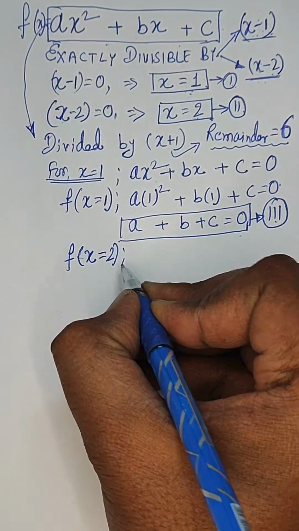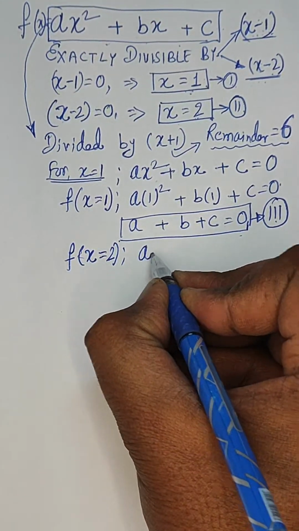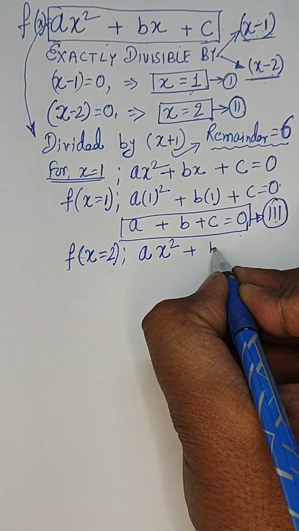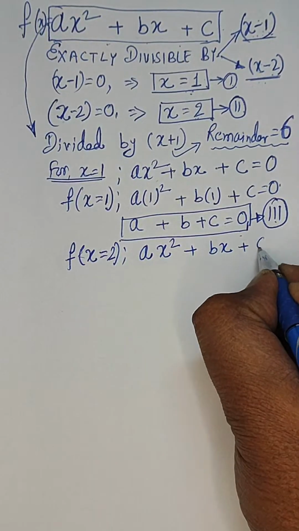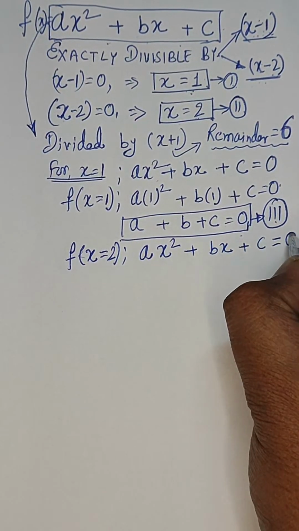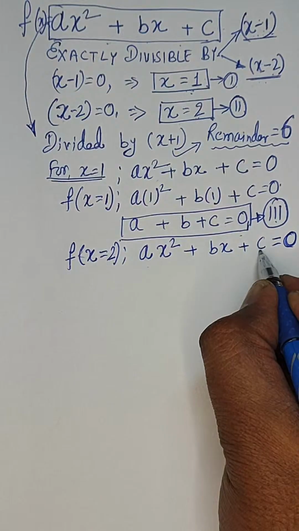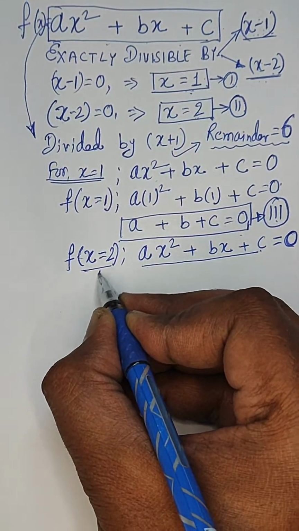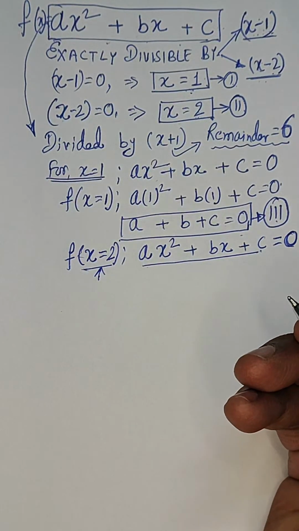This function ax square plus bx plus c will again be evaluated to 0 when the value x equal to 2 is applied over here.